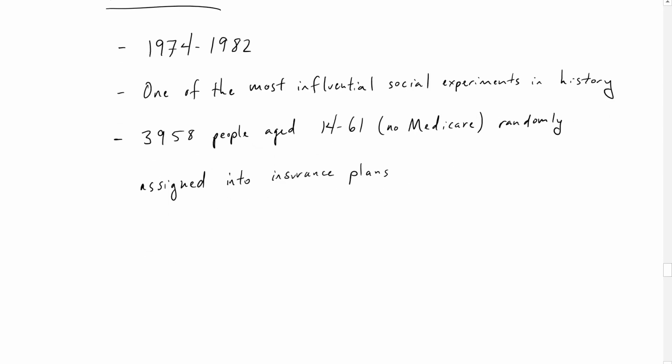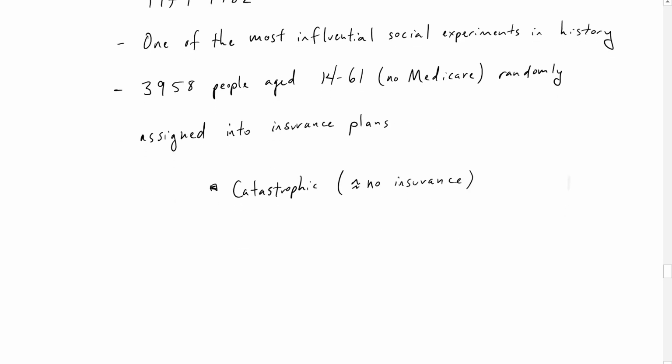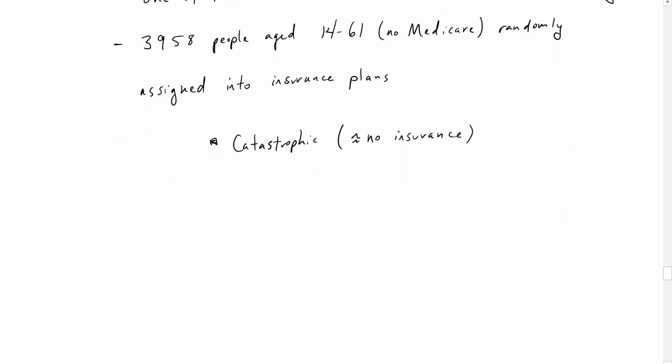Okay, and here's what those plans included. The first one was catastrophic insurance, which here we're kind of equating to essentially almost no insurance, because it's only going to kick in if there are absolute catastrophes.